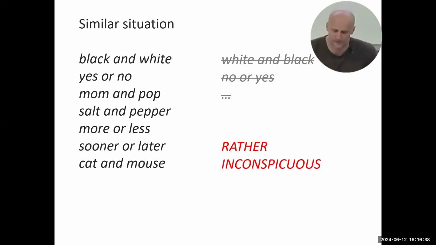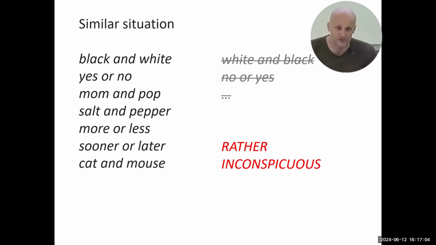So, for example, if you look at black and white in the corpus, depending on the corpus, the frequency is around 95%, versus 5% for white and black, okay? And yes or no, I think it's closer to 99%. But then again, how do people learn the correct frequencies? How do people discover that one ordering is more frequent or more natural than the other?